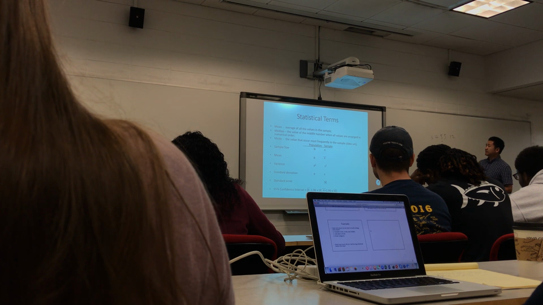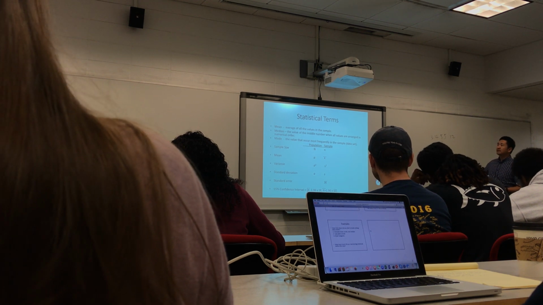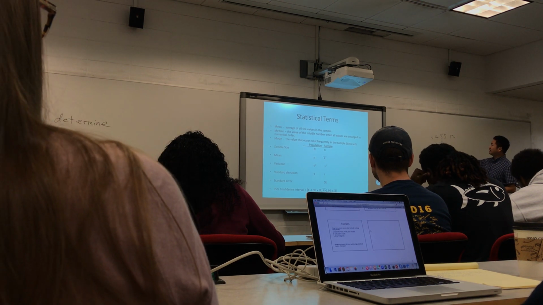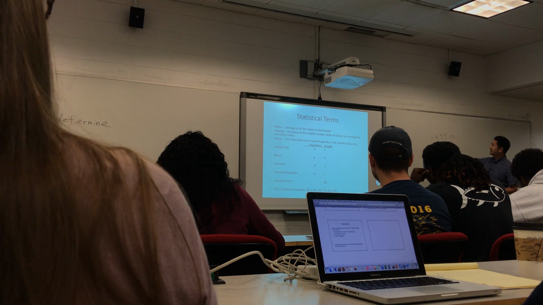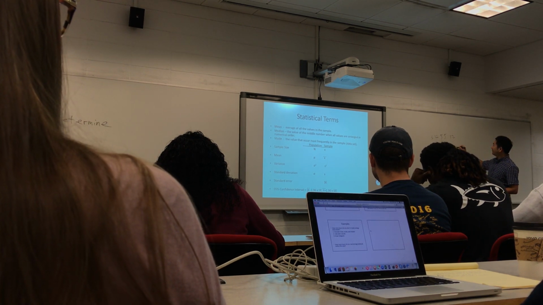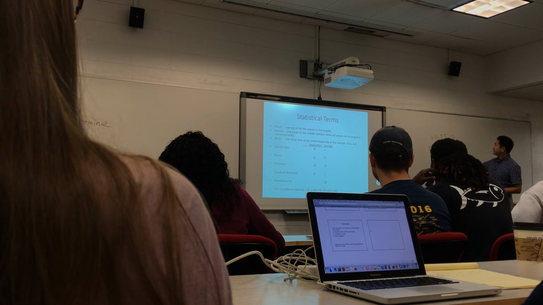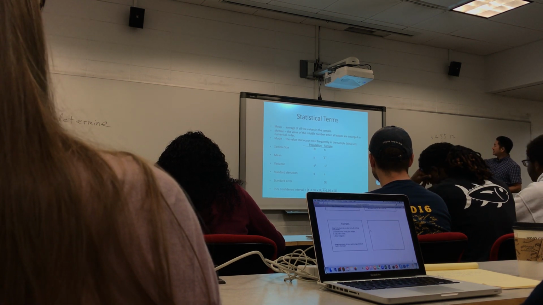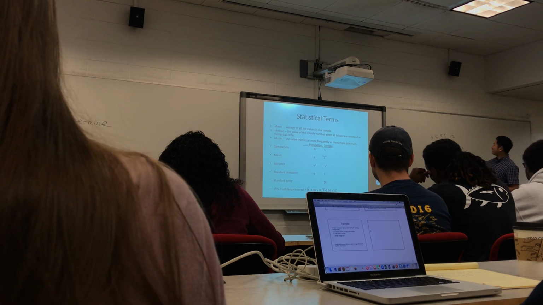And what is the average? The X bar will be what? The average of all the values, which is 3, 4, 5, 12, divided by the sample size, which is 5, right?